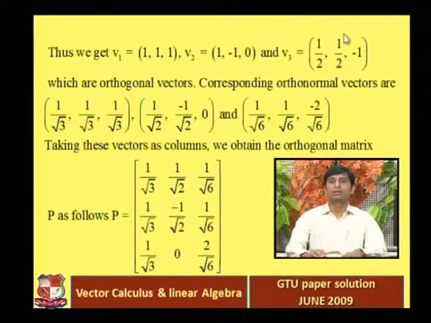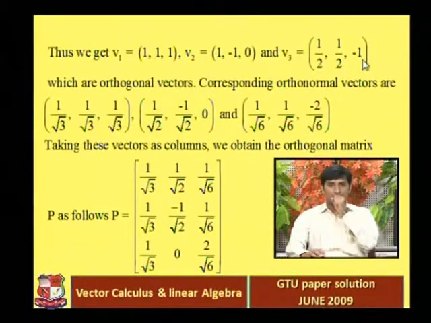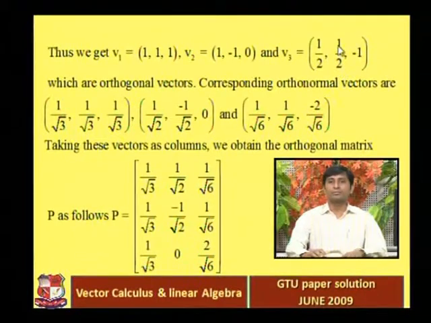Then the norm of the third vector is quite interesting: under root of 1 by 4 plus 1 by 4 plus 1, that is 1 by 2 plus 1, which is 3 by 2, under root 3 by 2. So we divide this vector by under root 3 by 2, and finally we get 1 by root 6, 1 by root 6, and minus 2 by root 6.